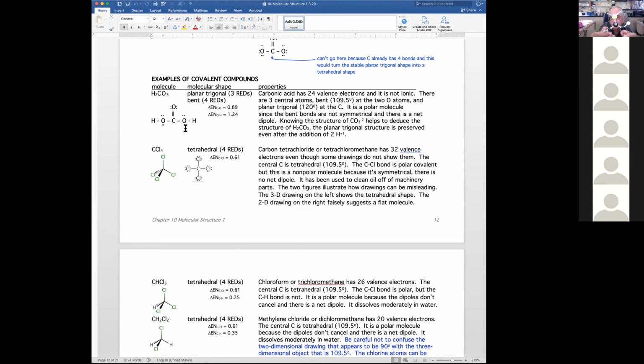There's really no way to make it like that. So no matter what you do, you can't make it symmetrical. It looks symmetrical if you look down like this, but these are rockets and they're not 180 degrees to each other. They don't cancel out. There's nothing you can do to make it cancel out. So this is a polar molecule and it will dissolve in water.